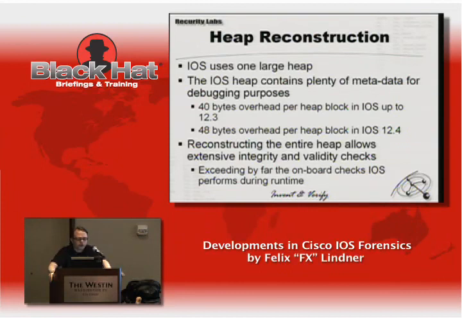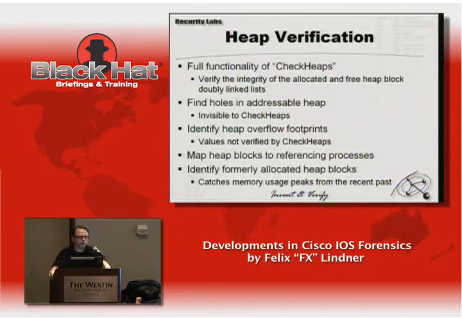Now, when we reconstruct a heap, we can do whatever we want. We have the full power of a desktop machine, and we can take as much time as we want because we're not forwarding packets at the same time. And we actually have a decent operating system on the bottom. So we can implement the full functionality of check heaps, which is really not that much.